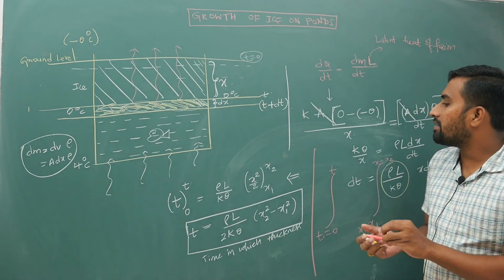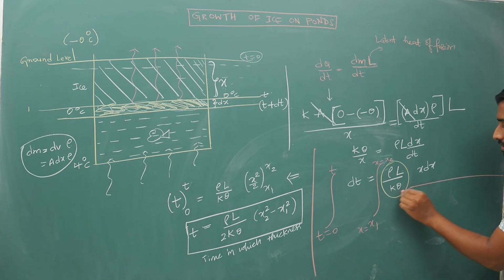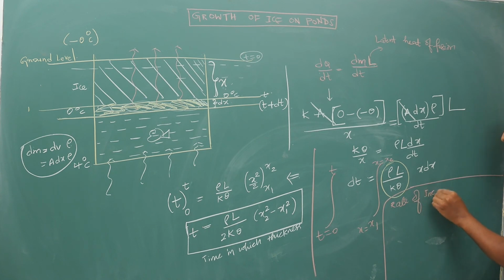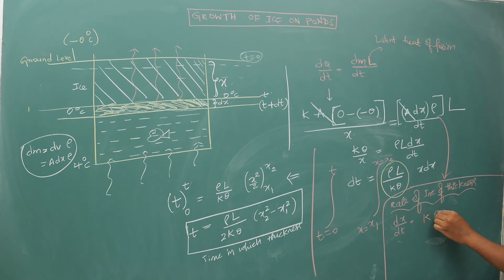In certain questions, the rate of increase of thickness means dx by dt, which comes from here. dx by dt is k theta by rho L x.